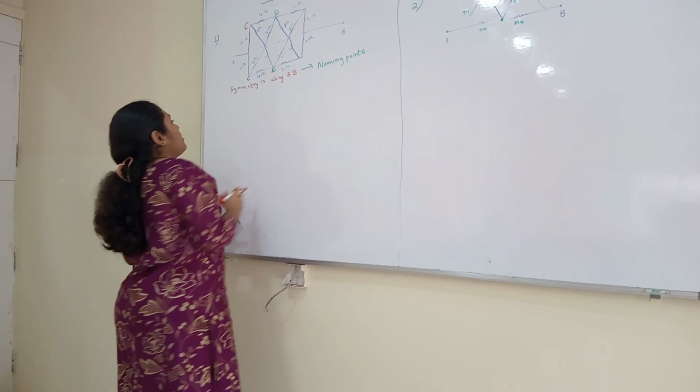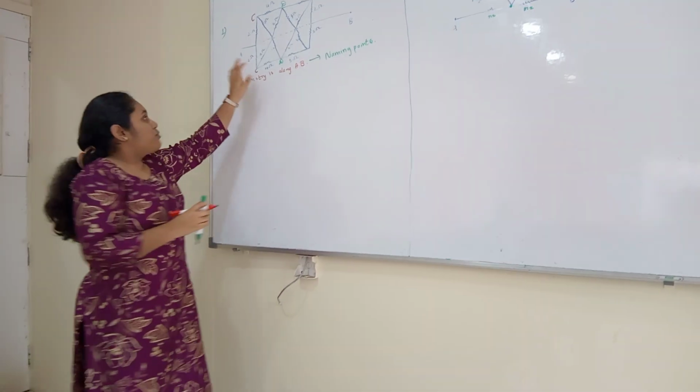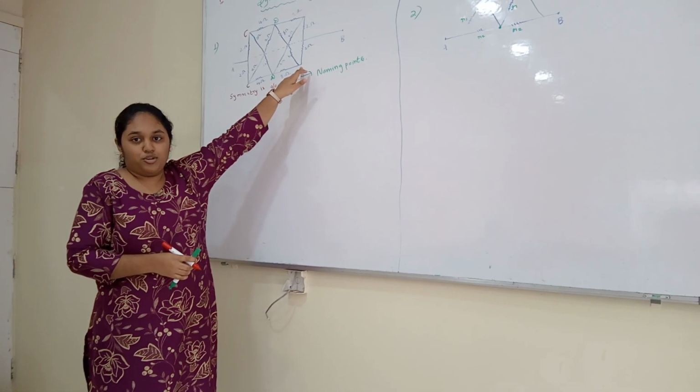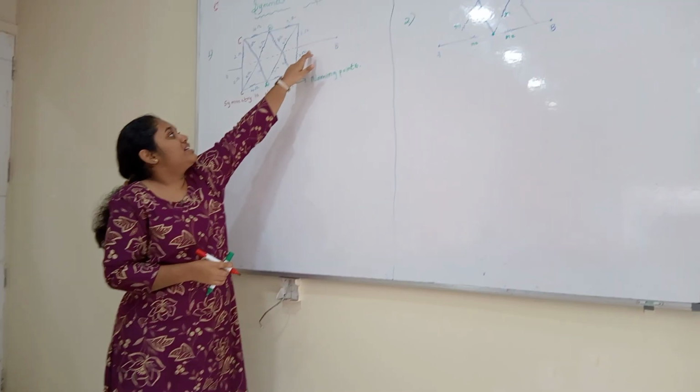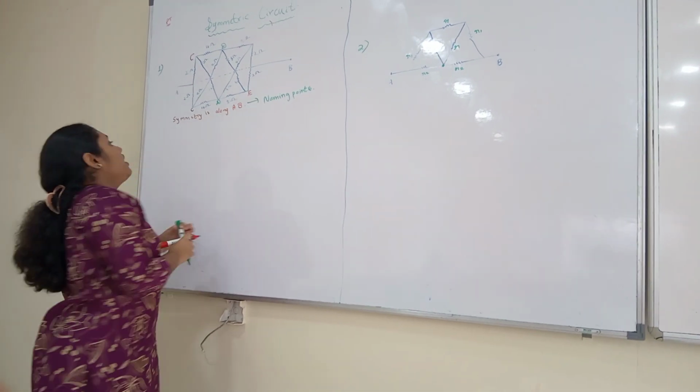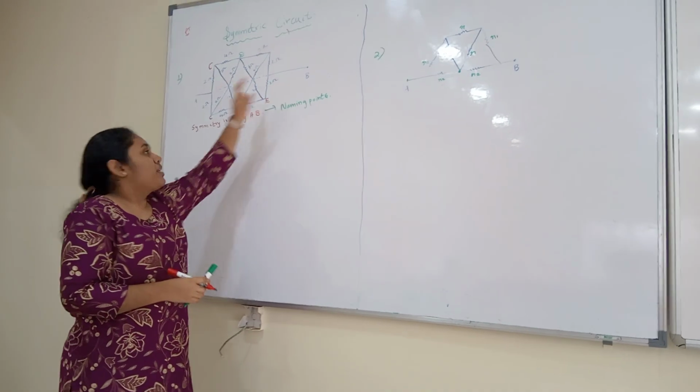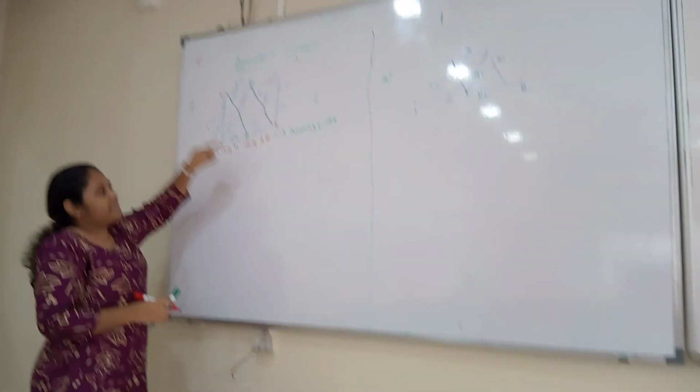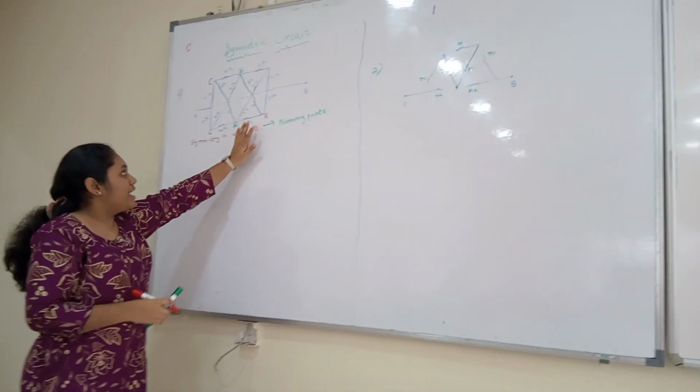Here, are this point and this point the same? No, because if we name it E, from B it will be 2 ohm, but from A it will be 3 resistors: 2 ohm, 4 ohm and 8 ohm.